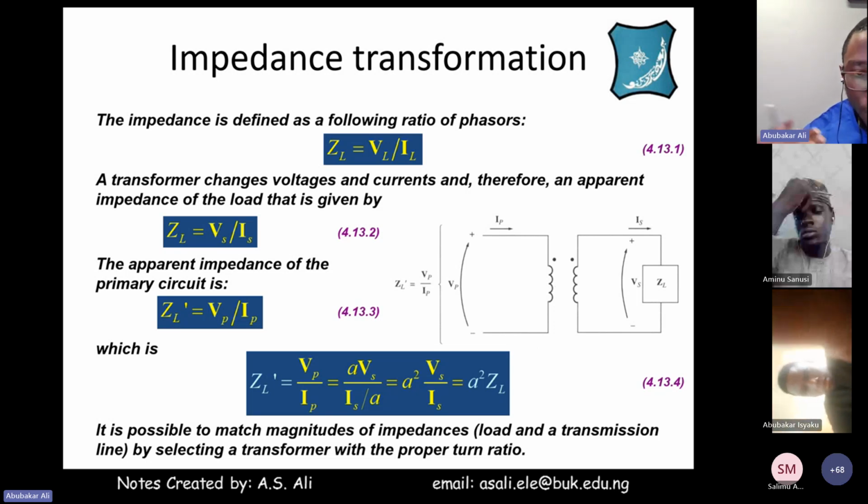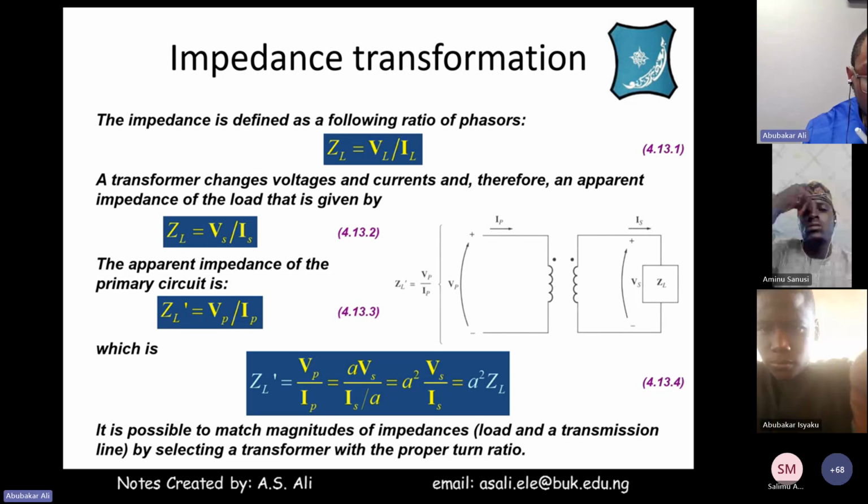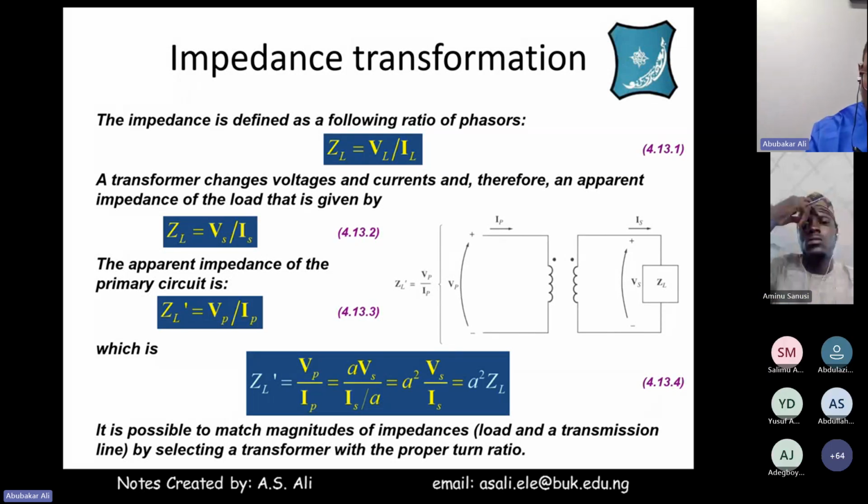However, there is something we do in a transformer, and this is what we call the apparent impedance of the transformer, where we look at ZL from the primary side perspective, not from the secondary. So we make a transformation to look at it from the primary side. Assuming now ZL prime equals VP over IP.